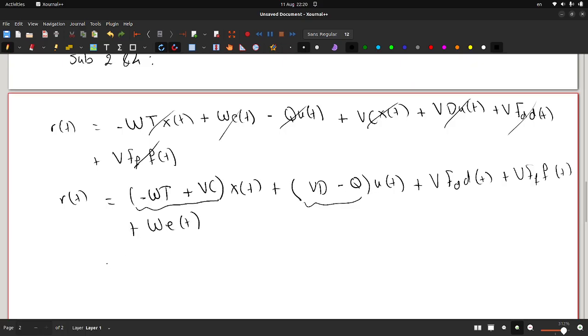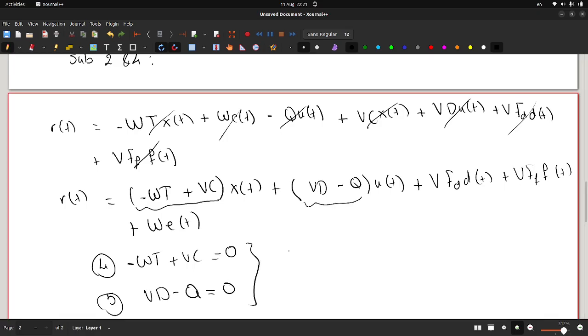So the fourth condition is minus W T plus V C should be equal to 0. Fifth and last condition, V D minus Q should be equal to 0 as well.